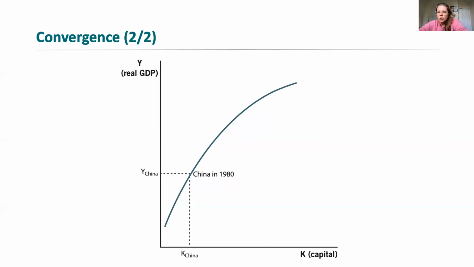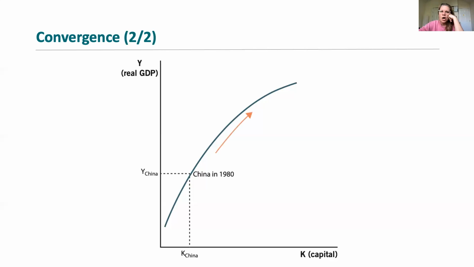And so the Solow model implies that the United States is closer to a steady state and therefore grows more slowly than China. And if the two nations were identical except for their capital, then China's growth rate should converge to the US output level. Obviously, there's a lot of assumptions behind this model of similarities that don't hold, right?